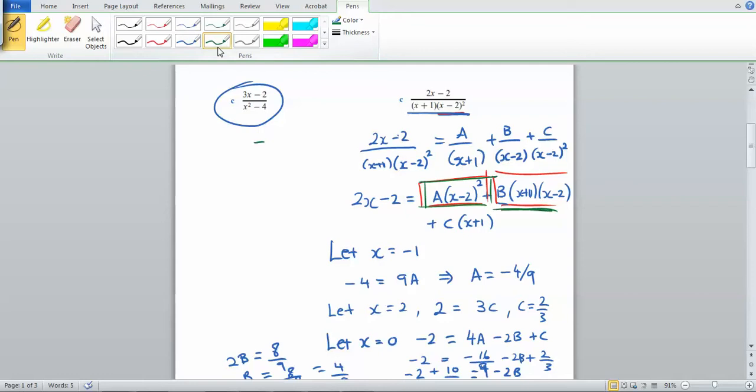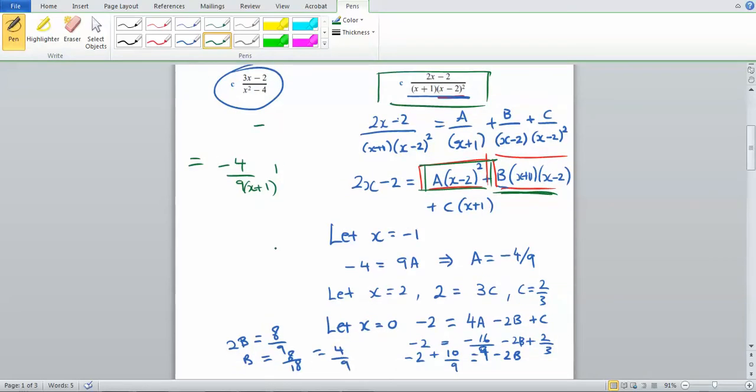Sorry, I have run out of room. But this whole expression here is now equal to A, which is negative 4 over 9, over x plus 1, plus B, which is 4 over 9, over x minus 2, plus C, which is 2 over 3, over x minus 2 all squared.